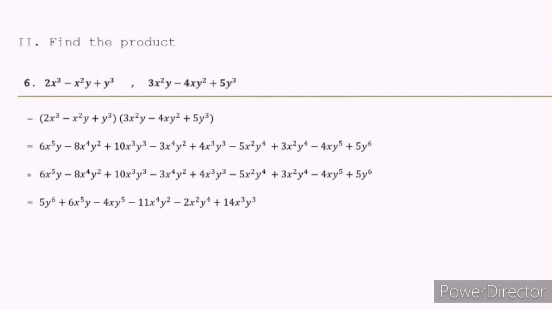Then 8x to the 4th y squared combined with 3x to the 4th y squared equals 11x to the 4th y squared. Then 5x squared y to the 4th combined with 3x squared y to the 4th, then equal to negative 2x squared y to the 4th.